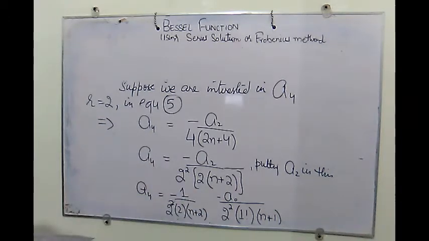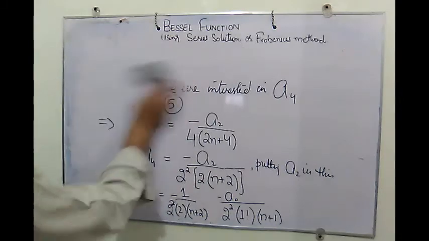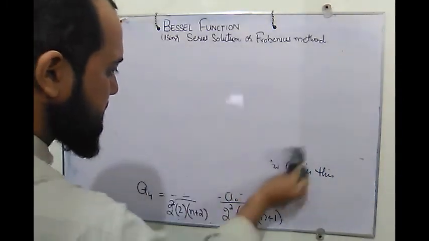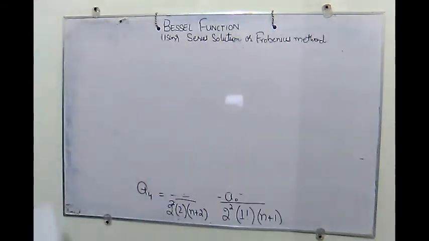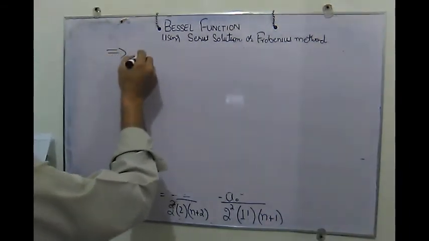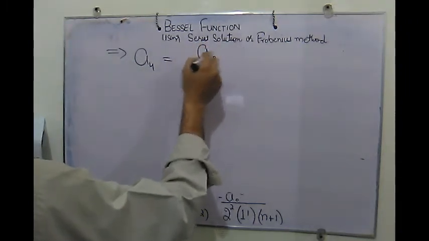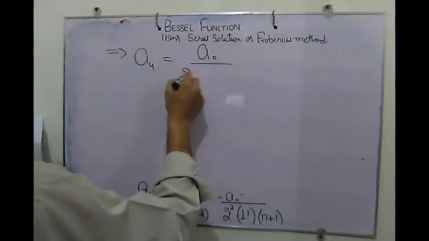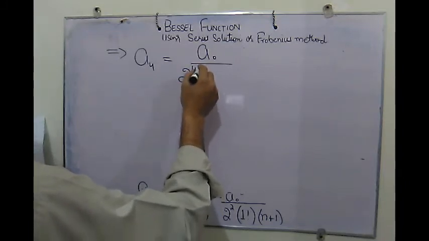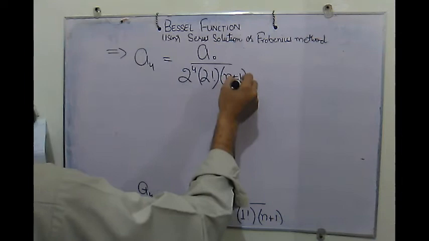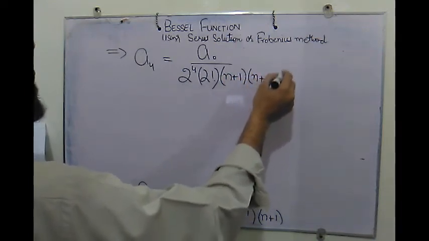Now we can write this a4 in terms of a0, and we will see that a4 would be a0 upon 2 raised to the power 4, 2 factorial, (n plus 1) into (n plus 2).